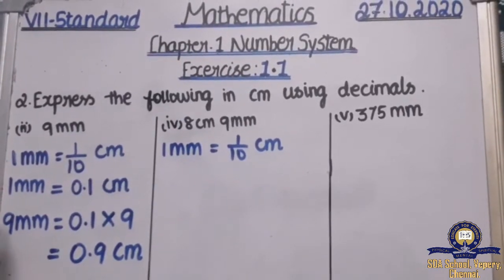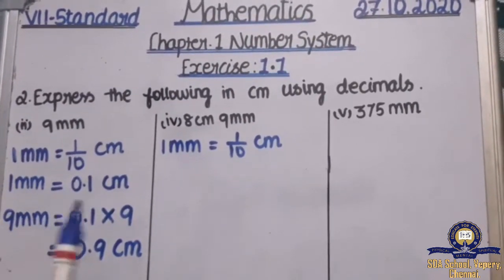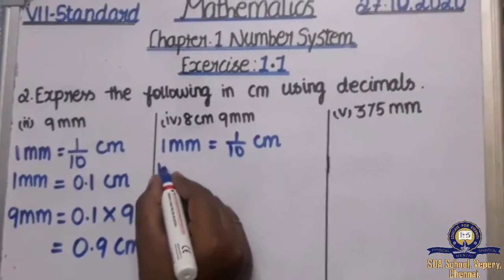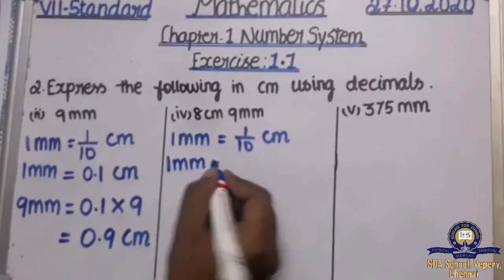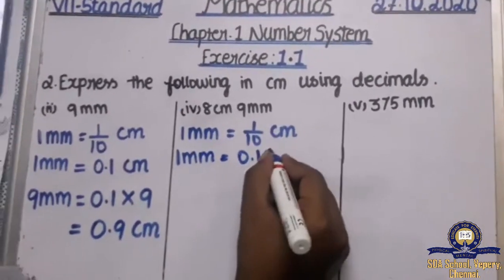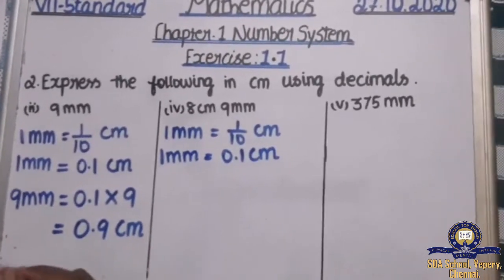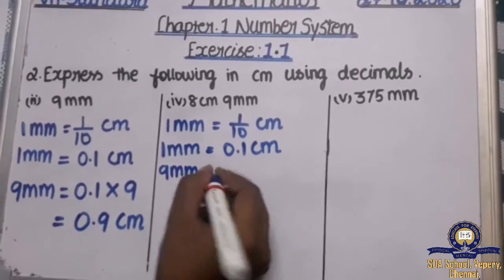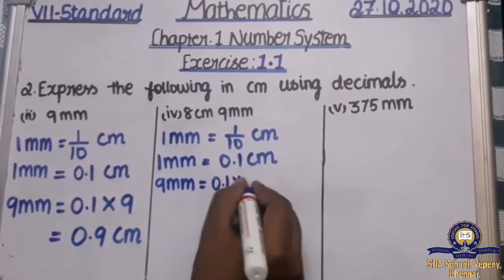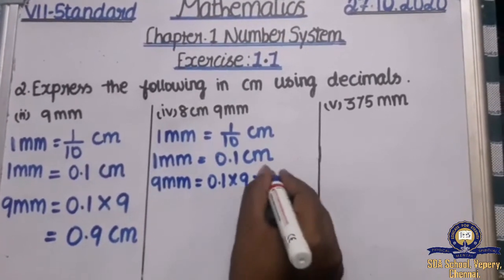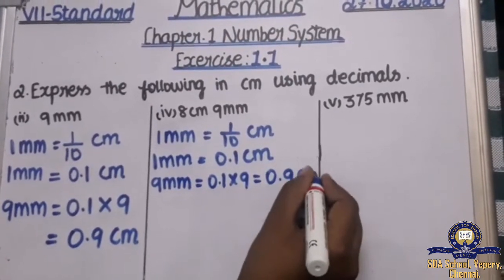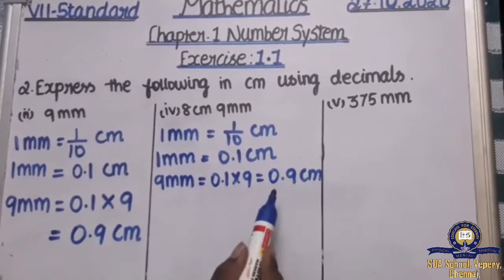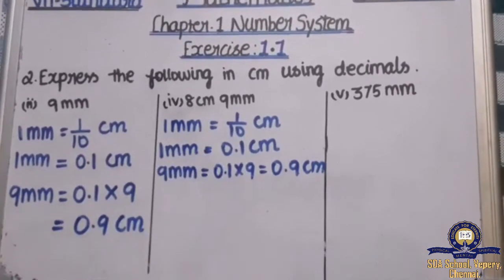We know that 1 millimeter is equal to 0.1 centimeter. So 9 millimeter is equal to 0.1 into 9, and we get 0.9 centimeter.